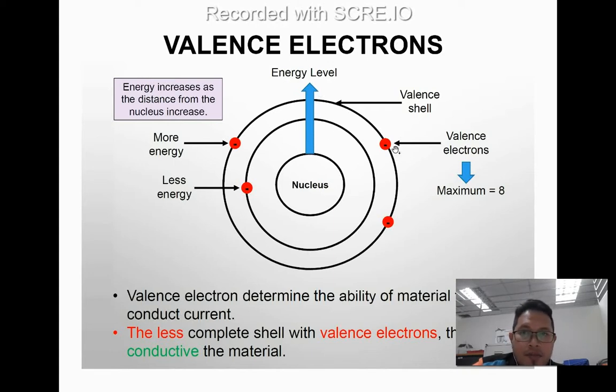When we compare two electrons, the first one has less energy compared to the one above. Each layer has a maximum number of electrons, and the valence electrons determine the ability of a material to conduct current. The less complete the valence shell, the more conductive the material will be.